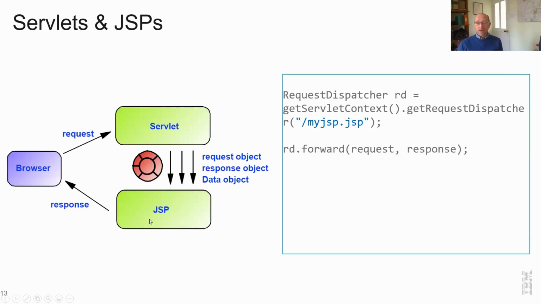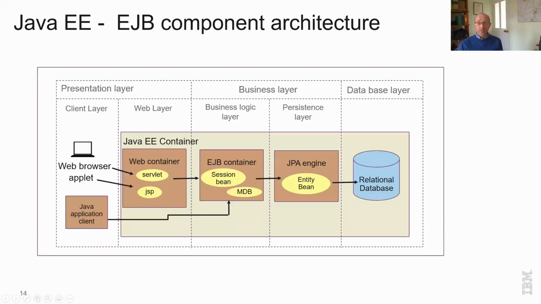The JSP does the HTML, so it builds the HTML with the request from the servlet and sends that back to the browser. And here we can see a little servlet sending its request to the JSP. The JSP contains the HTML that's going to do the display logic and then forwards that back to the browser. So a lot of customers start out with servlets and JSPs.